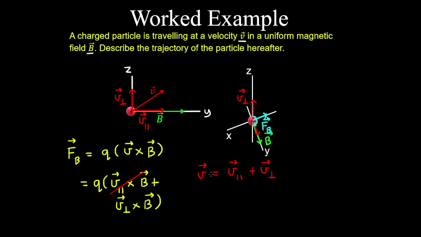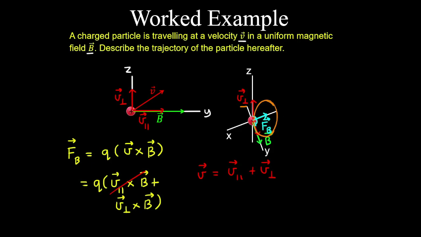So you can visualize this as uniform circular motion in the XZ plane. It looks something like this, with the magnetic force causing the centripetal acceleration of the charged particle, with V perpendicular being the tangent velocity to this circular path.